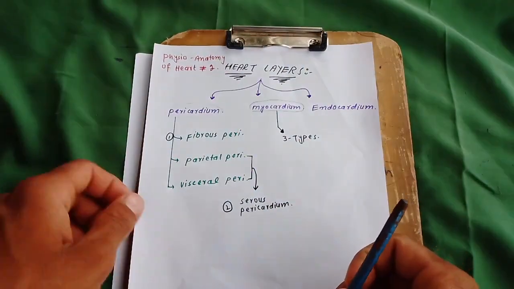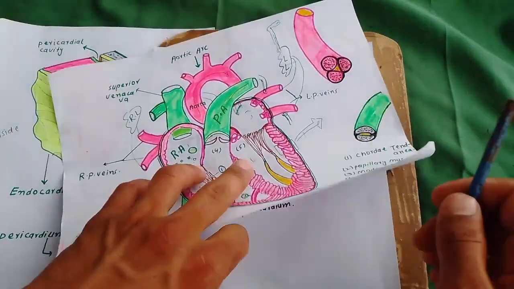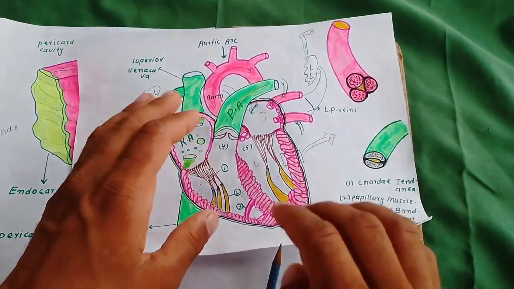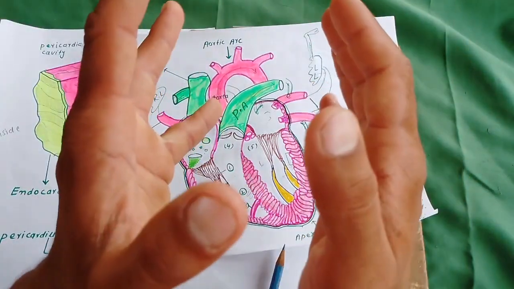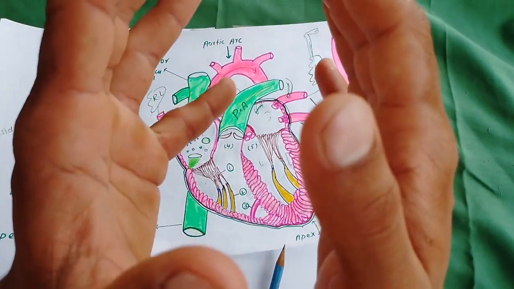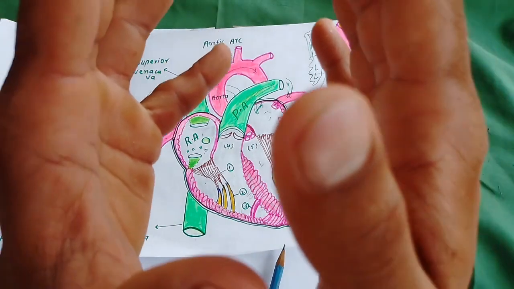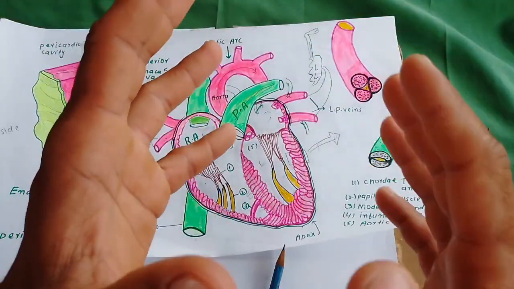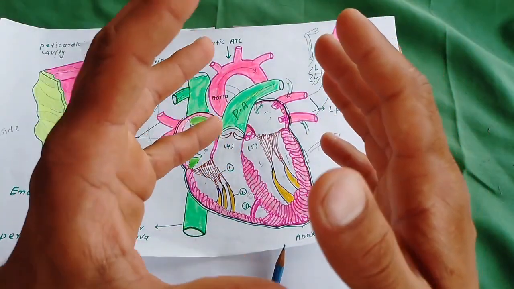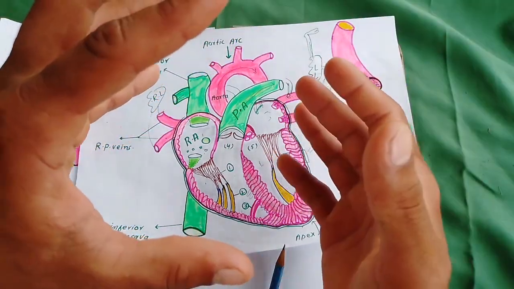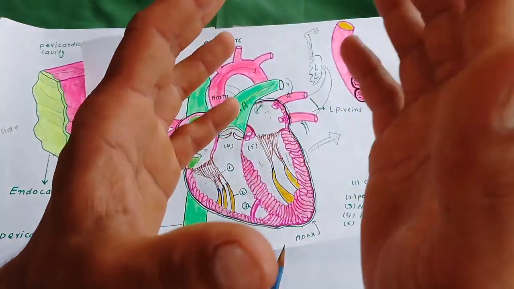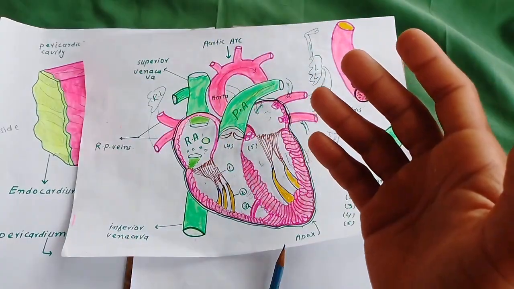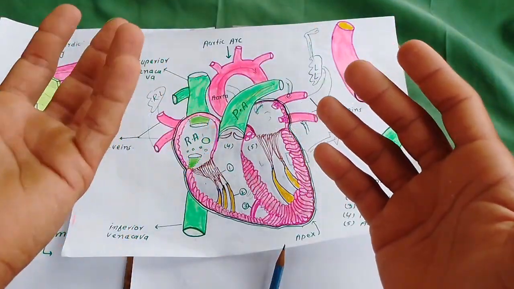Suppose this is my heart. It is covered from all sides by a very tough and strong layer called the pericardium. This is the protective layer of the heart, which protects it from overextension, from outside jerks, and from other sudden damage.